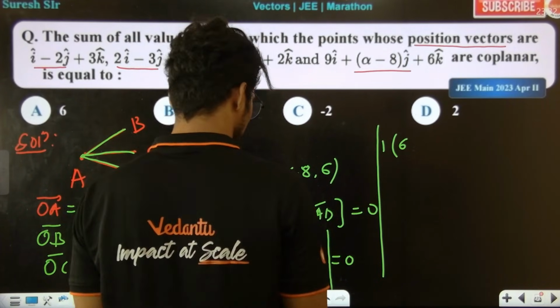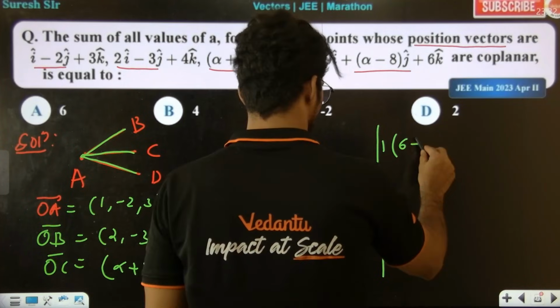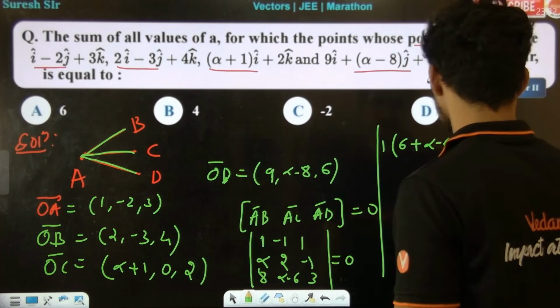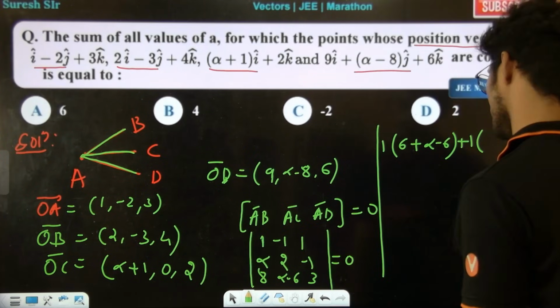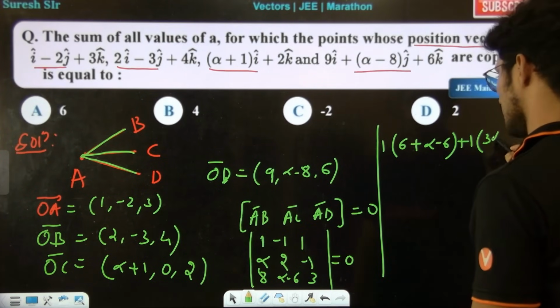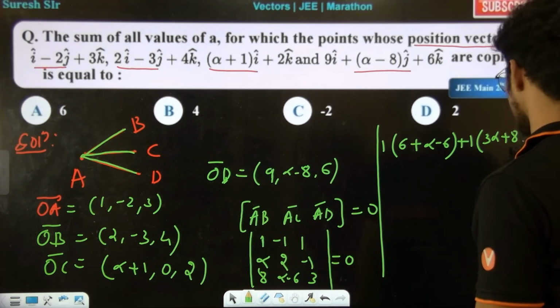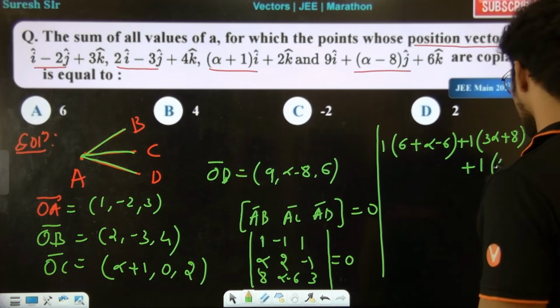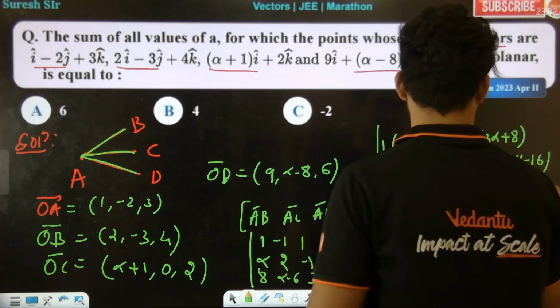Minus, plus, alpha minus 6. So expanding, 3 alpha plus 8 plus 1 into alpha square minus 6 alpha minus 16 is equal to 0.